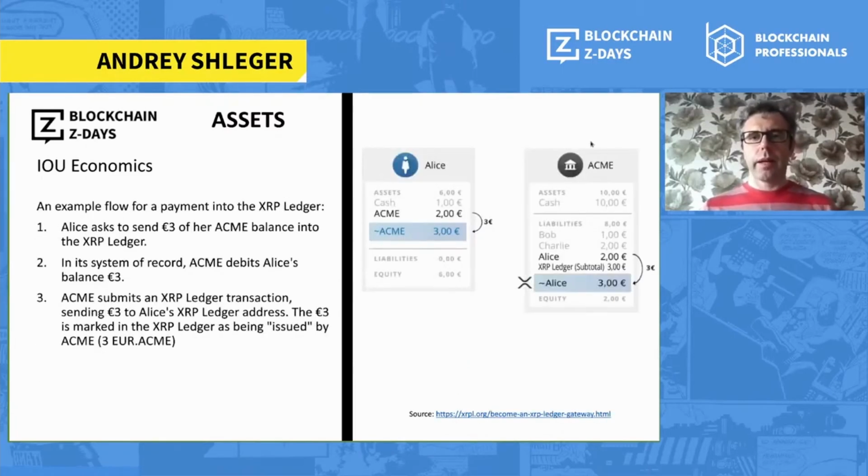But how does Alice get the money from the bank? This is how it happens.